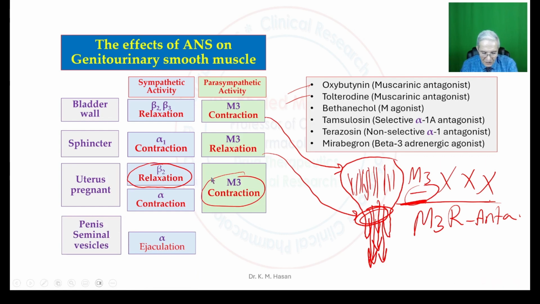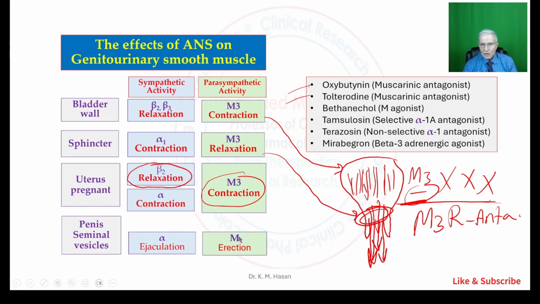Okay, the vas deferens and seminal vesicles have adrenergic receptors as the main receptor. We have the alpha receptor responsible for ejaculation, contraction, ejaculation. The muscarinic receptor is responsible for erection. So which of these receptors is responsible for erection?